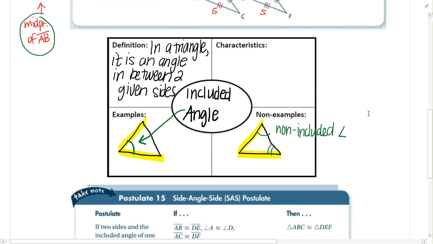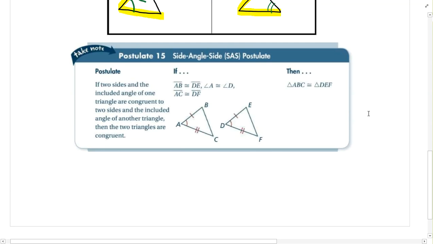So side angle side must include an included angle. So by looking at the terminology here, we have side, 2 sides, and then the word angle is deliberately in the middle because the angle is going to be in the middle.